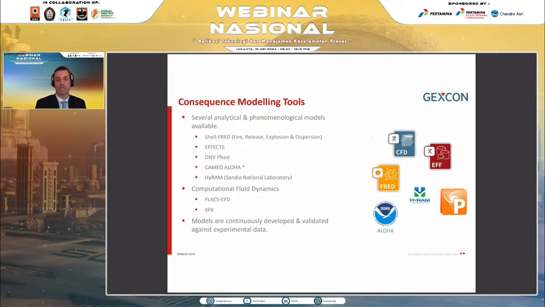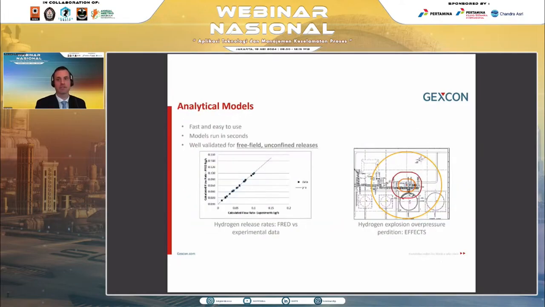You will notice here that the CFD results on this example show a 5 bar overpressure exceeding beyond the 5 bar contour from the analytical model. And similarly, here in the blue, a 1 bar overpressure from the CFD model inside the 5 bar contour from the analytical model. This is because of the influence of surrounding geometry not being considered in the analytical tool.